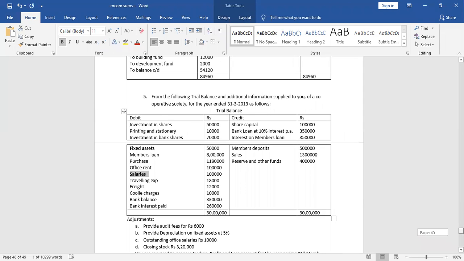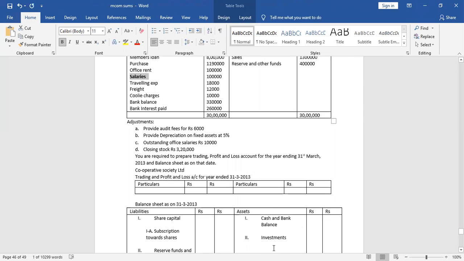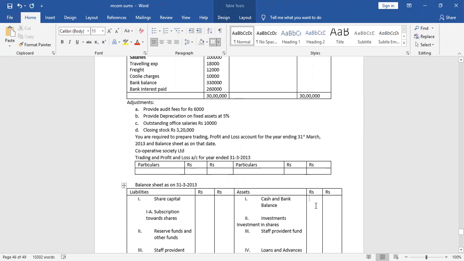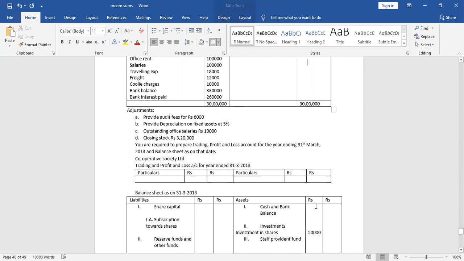Investment in shares. So in the investment, I will write investment in shares. What is the amount of investment in shares? 50,000. So investment in shares, I am writing it is 50,000. Then what we have?